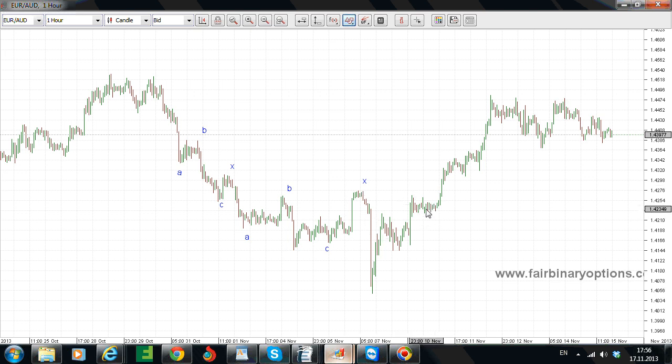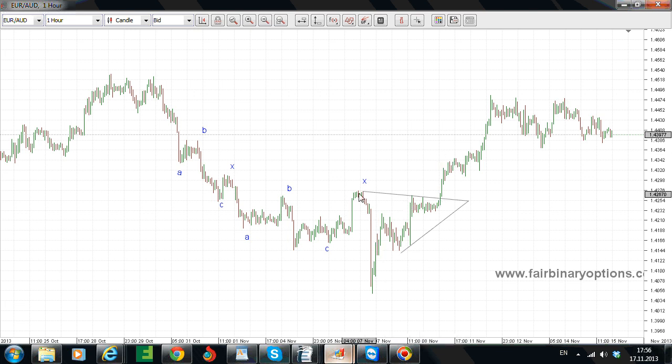The contracting triangle should end not here, but around these levels here. Either here or there, it doesn't change anything.